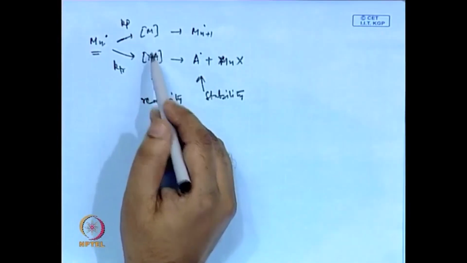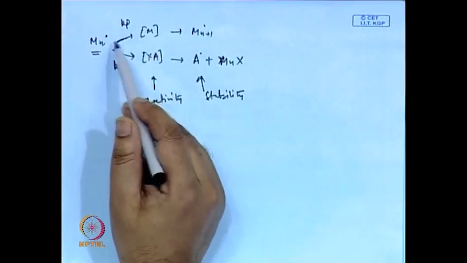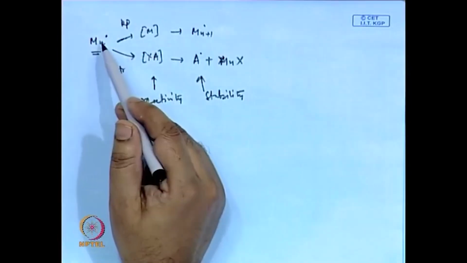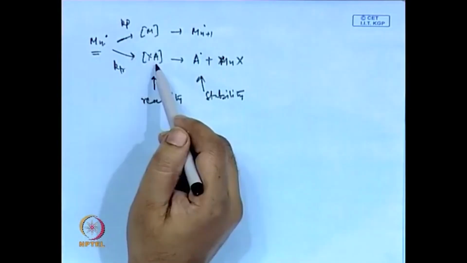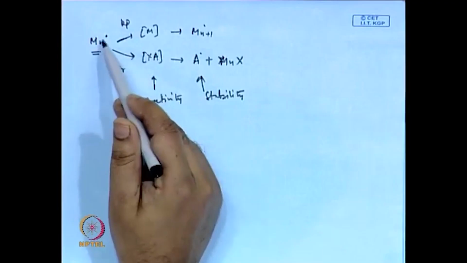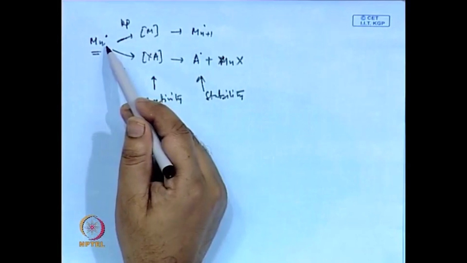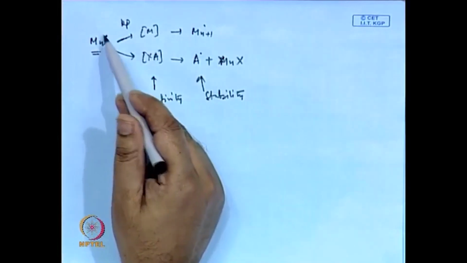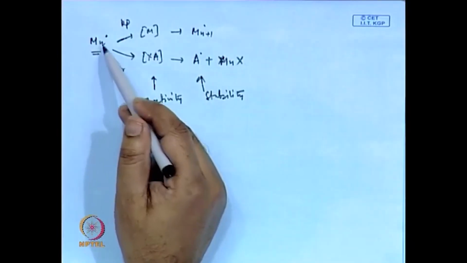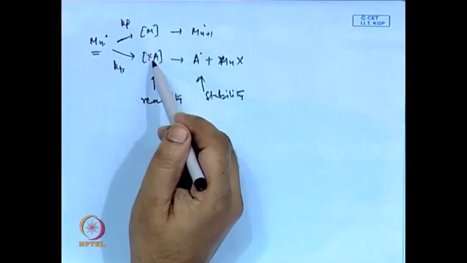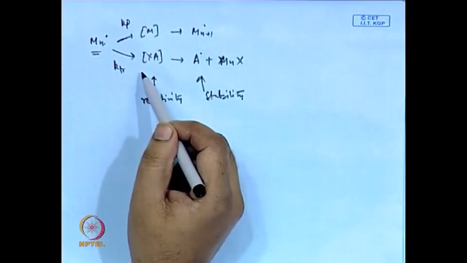In other words, even if there is a difference in the reactivity of these two molecules, because the radical is highly reactive, it will react with both the monomer and this. If it is less reactive, then the more reactive of these two will react with it. Okay. If it is very reactive, then both will react. If it is less reactive, then between these two, the more reactive one will react, so that reaction will be preferred.